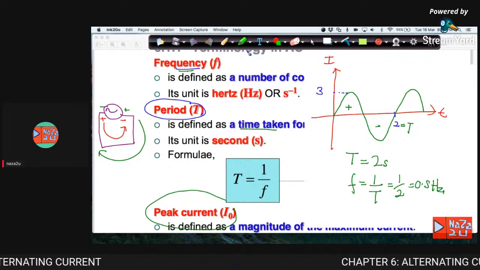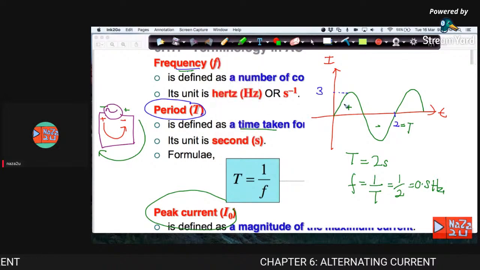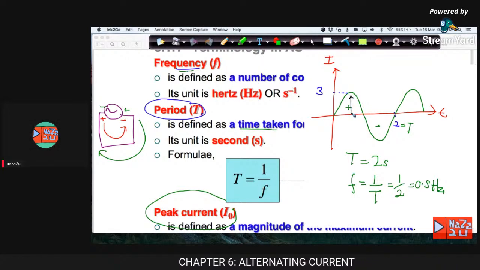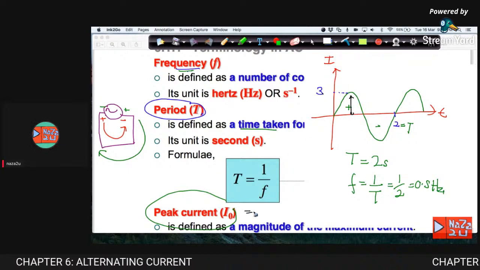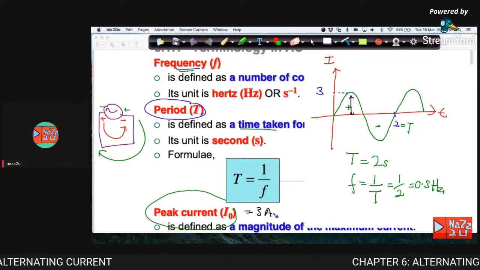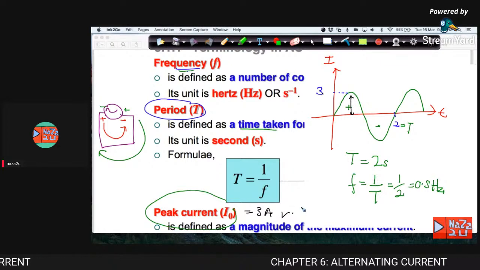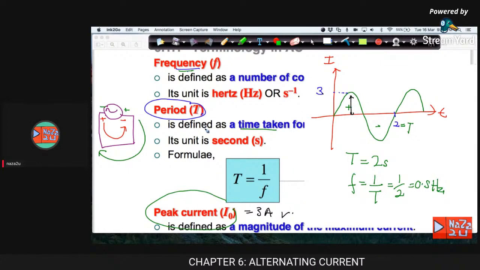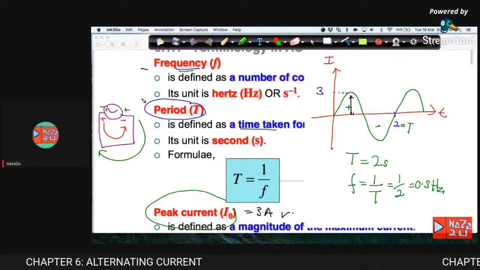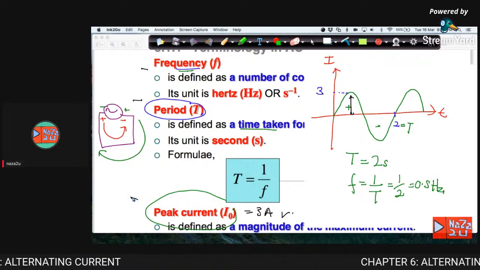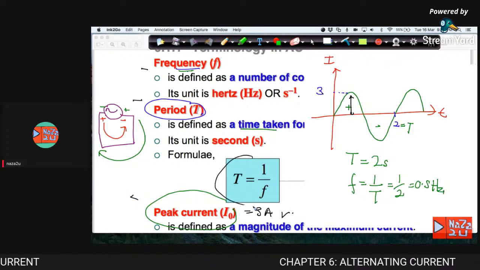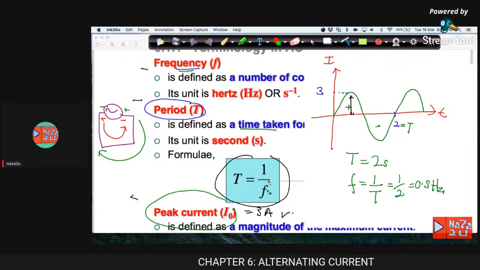So here it is 3, so the peak current here is 3 ampere lah. Right? Okay, benda yang sama juga kita dah pernah bincang: frekuensi, period T dengan peak current. Perkaitan di antara period T and frekuensi f.